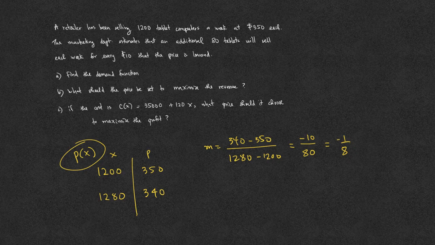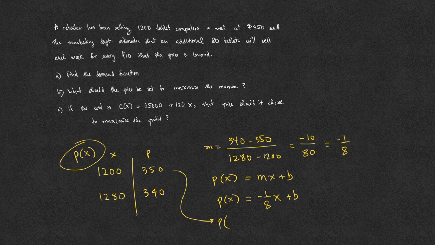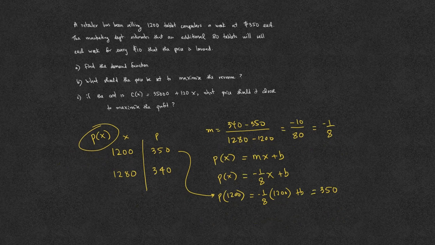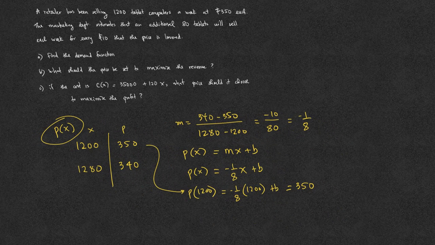We now find the y-intercept. The equation p of x is mx plus b, where we found m to be negative 1 over 8. We now need to find b. To find b, we simply plug in any of the points. If we plug in 1,200, we have negative 1 over 8 times 1,200 plus b, and this needs to give us 350 for y, where y is the price per unit.